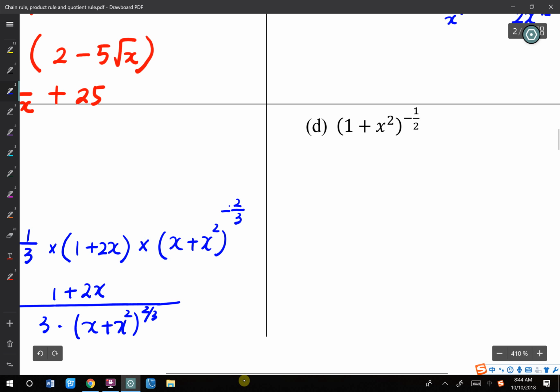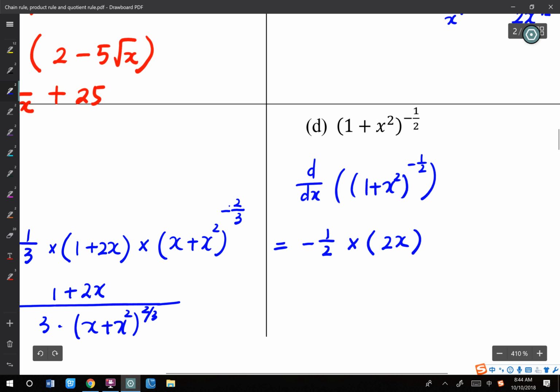Well, D is even more straightforward. It's already given to you in the power form. First thing, we drag the power down, make it -1/2. Second, we derive inside. The inside becomes 2x.